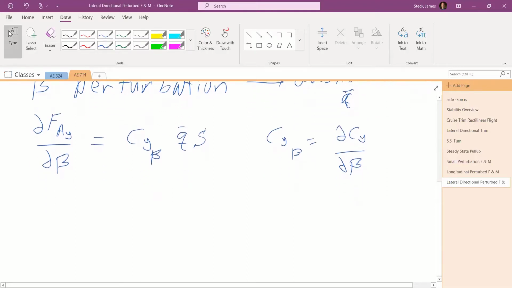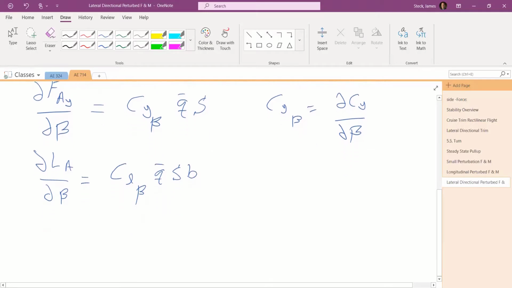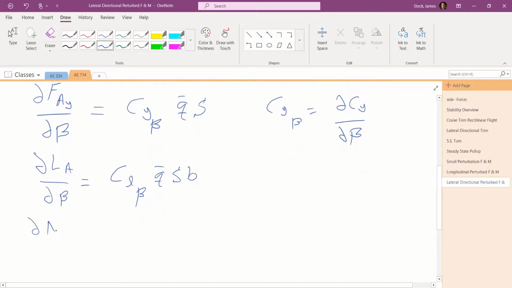Same thing with rolling moment and yawing moment. And these derivatives we already discussed.